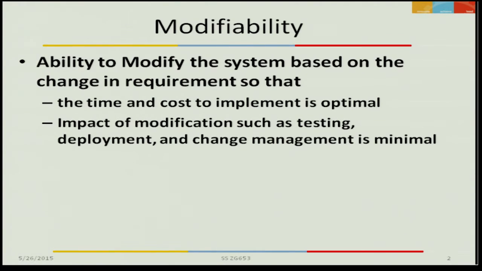Modifiability is not an intent to change, or an intent to modify. It's about how flexible, how easy the software is, so that a modification is possible for a change in requirements, so that these two things are satisfied. One is time and cost, and second is that the impact of modification should be less.